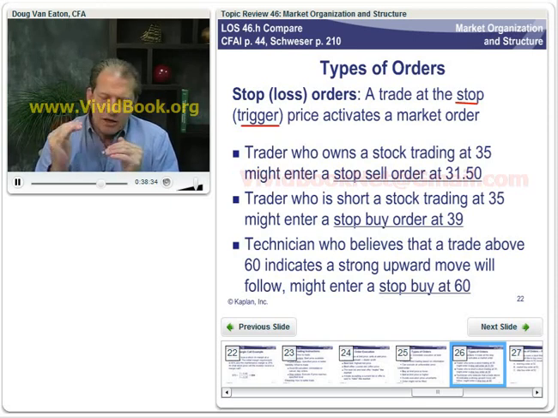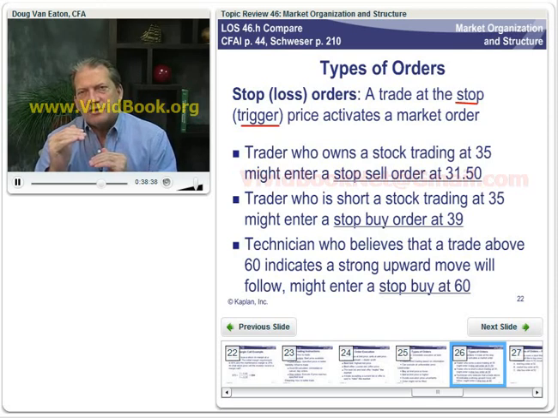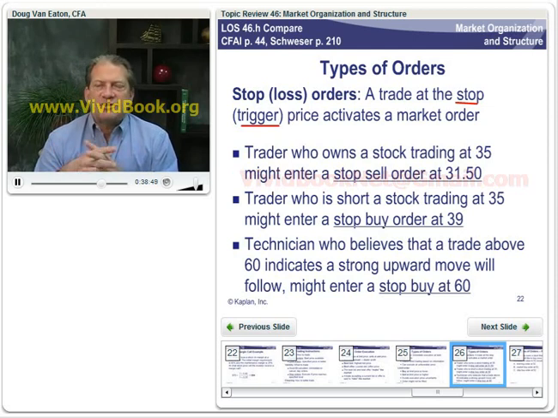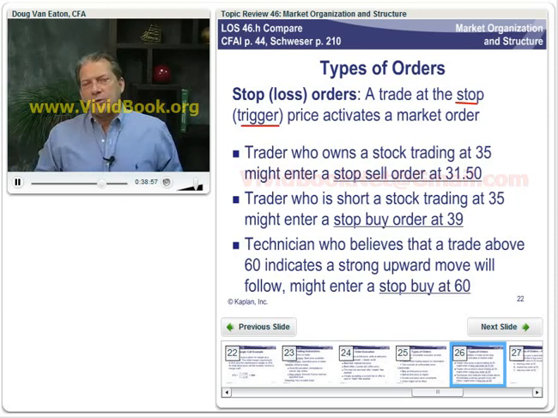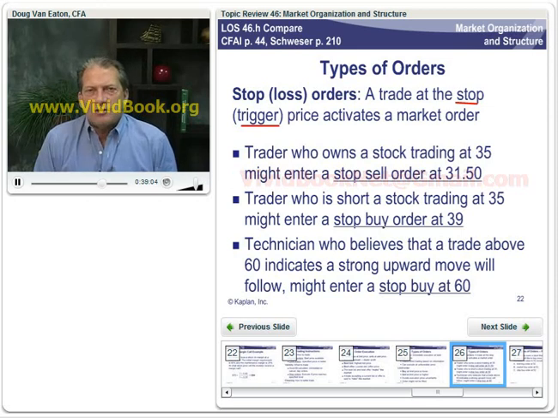Now, the stock's at 35, stop at 31.50, so if that stock falls 10%, from 35 down to 31.50, down $3.50, that triggers a market sell order. Now, this doesn't guarantee you're going to get 31.50 for the stock. I mean, if some terrible news comes out and it falls like a rock, well, there you go. But that 31.50 triggers that market sell order.